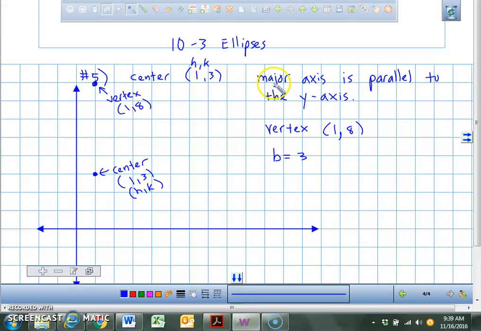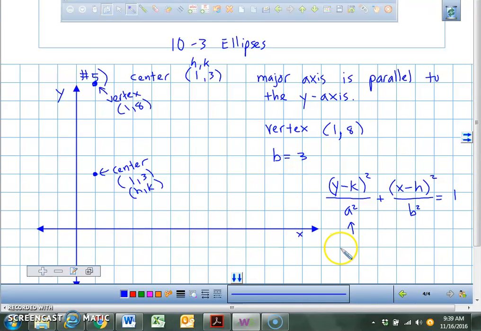A clue that's been given to us is it says the major axis is parallel to the y-axis, which means our major axis is going to be going up and down, which means we now have the formula that we're going to be working with: y minus k squared over a squared plus x minus h squared over b squared equals 1.